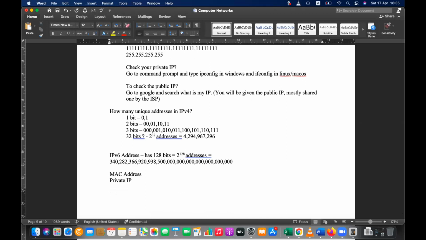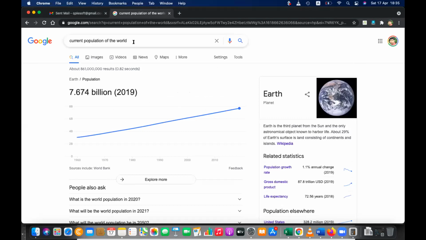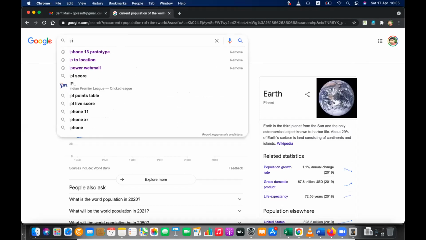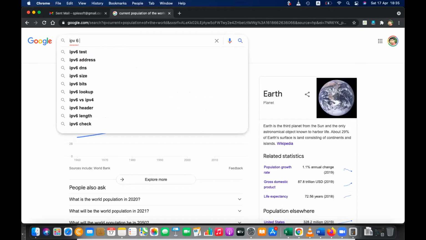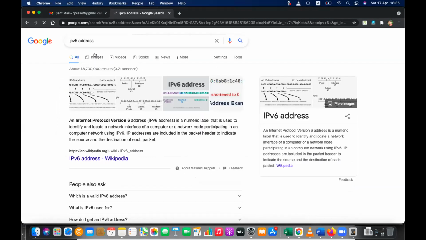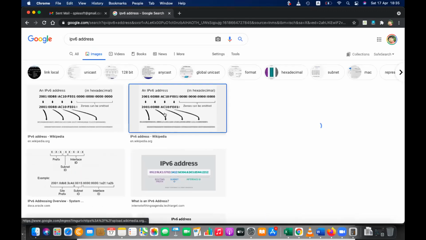Right, so it's enough. IP version 6 representation is normally done by hexadecimal numbers. I have already given an IP version 6 address.